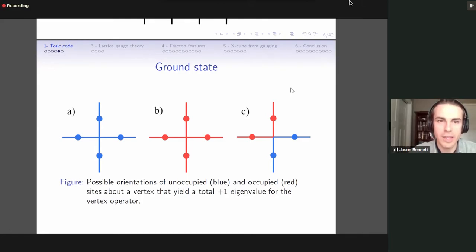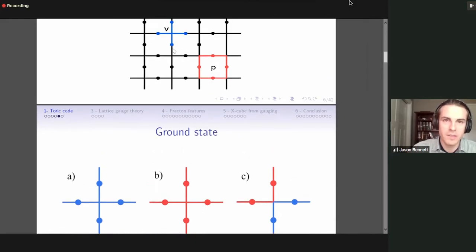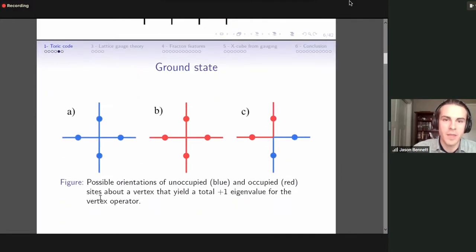And so if we were to look at the ground state and we envision unoccupied qubits or excitations as blue, because we see these things as spin-1/2, we can envision them as Pauli matrices, where we know that the eigenvalues of Pauli matrices are either plus or minus 1.